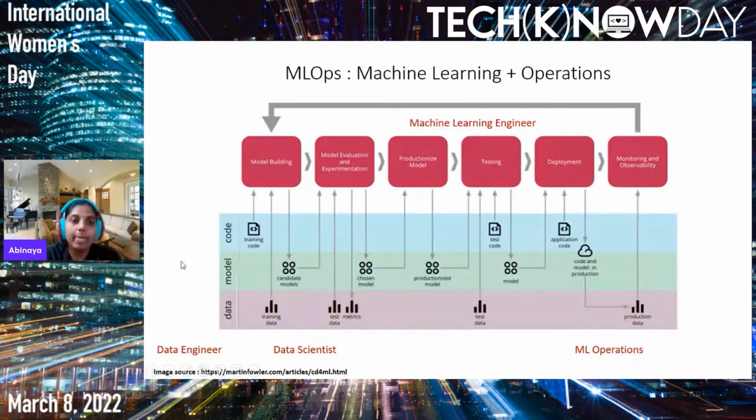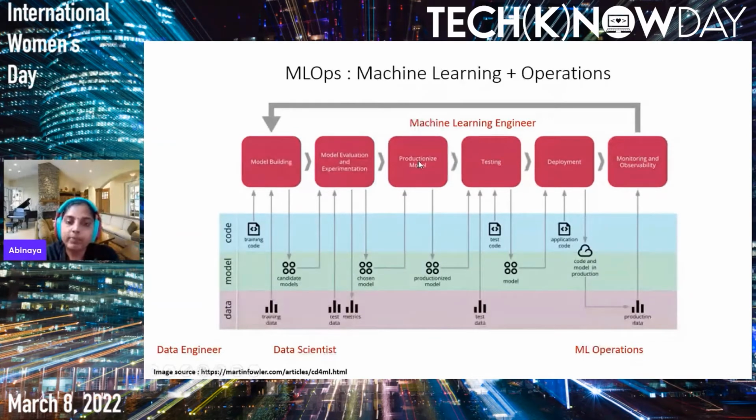So when the data is available for us to build a machine learning model, essentially a data scientist will pick up the training data, build a model for the problem at hand, and test the model using the test data. Once the model evaluation and experimentation are completed, the data scientist might pick the best model, and that will be promoted to production.